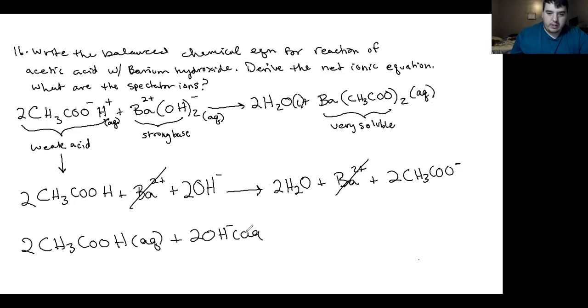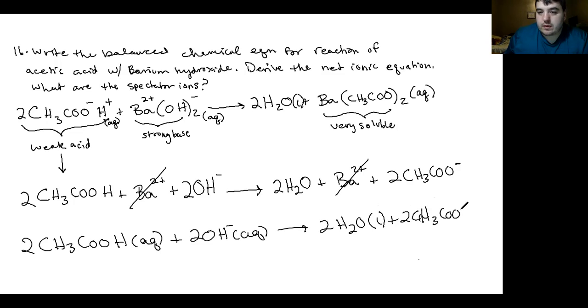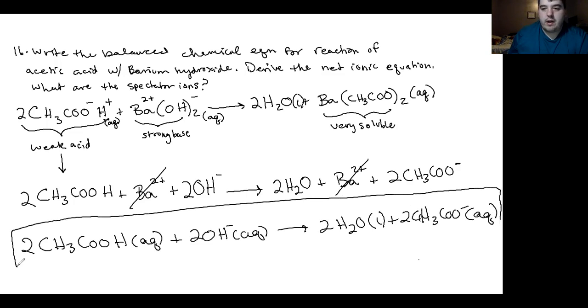That's also aqueous. That's going to produce water and an acetate ion. Well, actually 2 of those. And that's an aqueous state. So this right here is going to be our net ionic equation with their states.